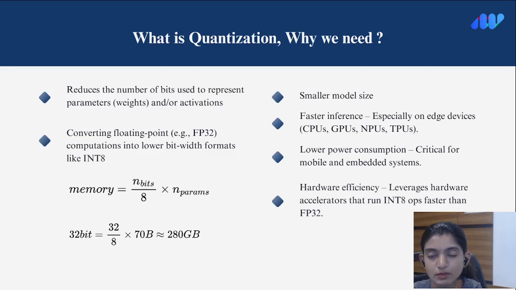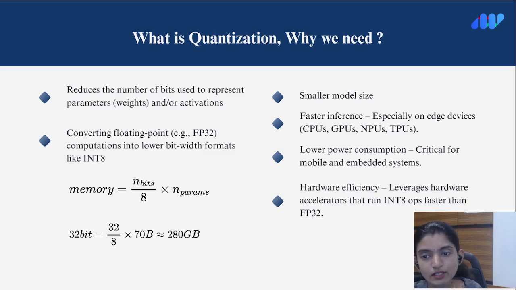It lowers the power consumption, which is very important for mobile devices and embedded systems. In effect, we can leverage hardware efficiencies, like int 8 being much faster than float 32.